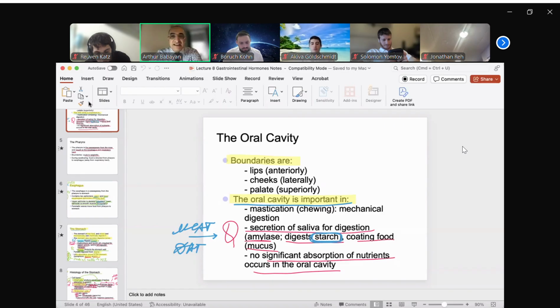Secretion of saliva for digestion. That will be amylase, salivary amylase. It also coats the food with mucus. It digests carbohydrates and starch.